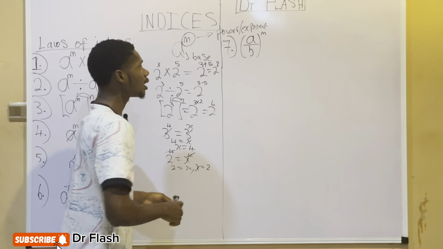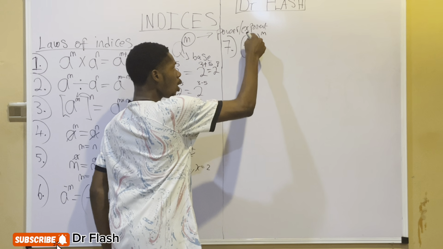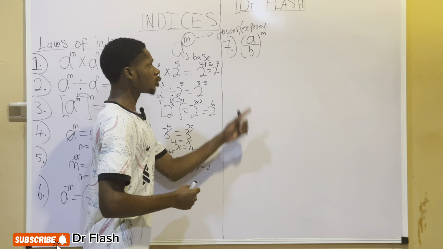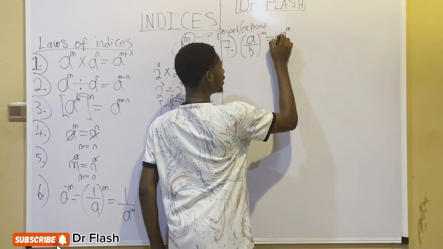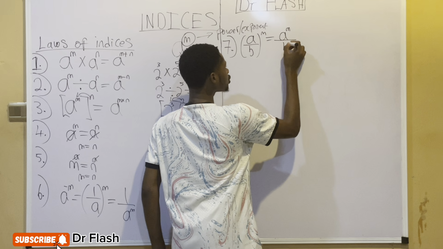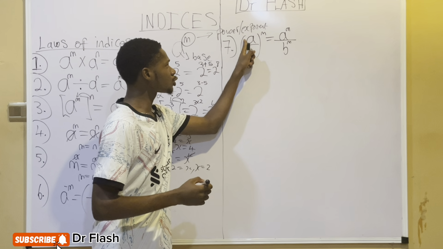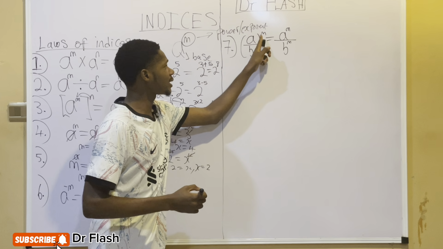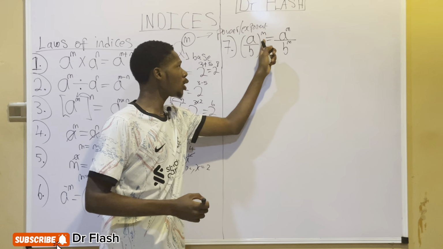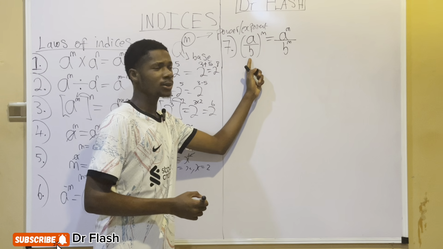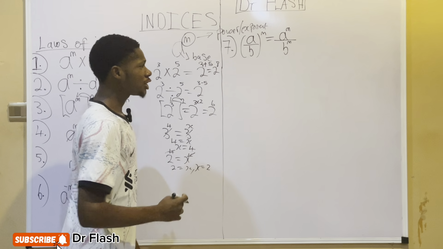We use the exponent outside to open what is inside of the bracket. So this now becomes a raised to the power of m divided by b raised to the power of m. The power outside the bracket affects the number in the numerator, which is a to the power of m, and also affects the number in the denominator, which is b to the power of m. And that is how a problem like this is tackled.